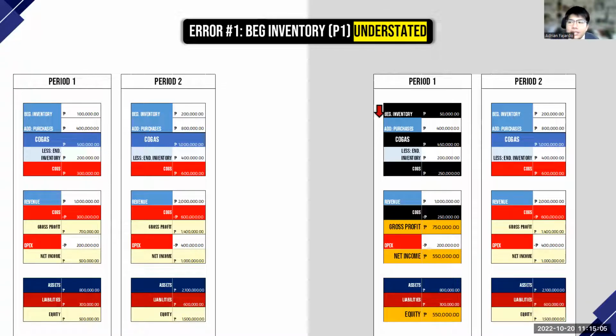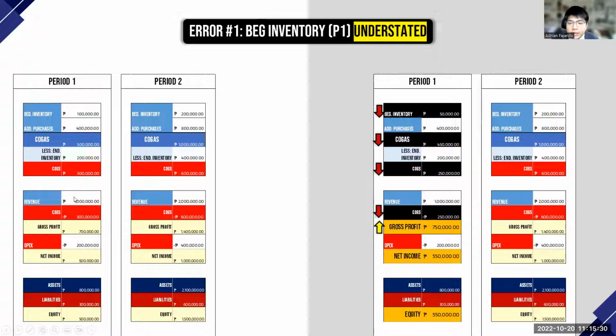Number 1, beginning inventory is understated. Since beginning inventory is understated, cost of goods available for sale is understated, because the beginning inventory is low. When cost of goods available for sale is low, COGS is also low. Right? When COGS is low, gross profit will be higher.